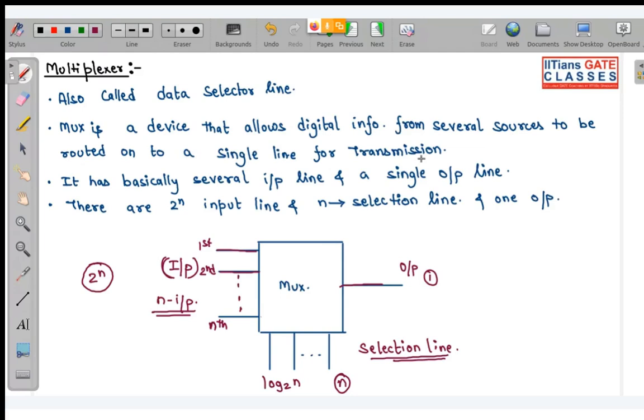So this is your textbook definition. It has several input lines and a single output line. There are 2 to the power n input lines, n selection lines and one output. I will now explain why, if we have n selection lines, we can have 2 to the power n inputs.